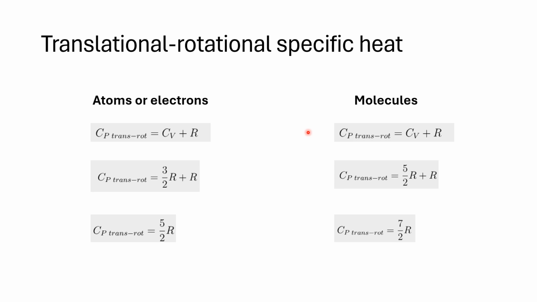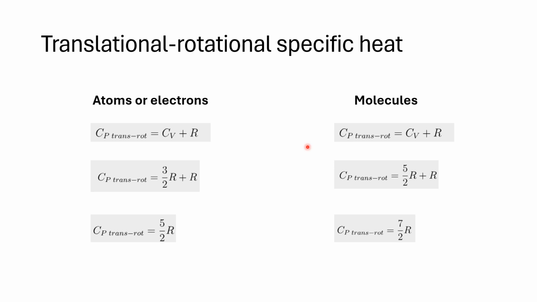Now we got one, but translation is also there in three directions, so 3 by 2 is there already. So 3 by 2 plus 1, that is 5 by 2 n k_B T, the total energy, or you can say 5 by 2 RT, the total internal energy of that molecule.